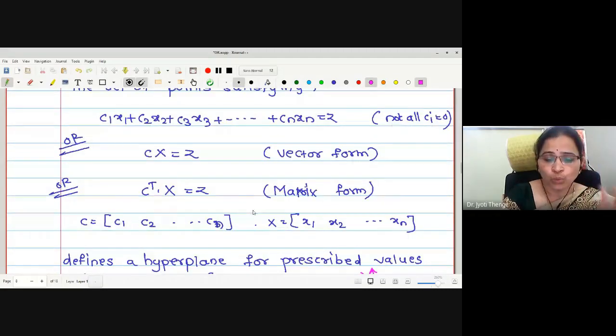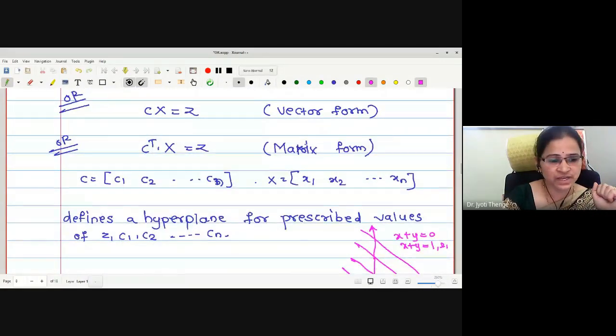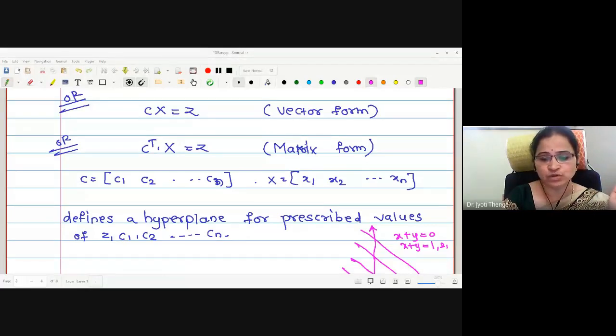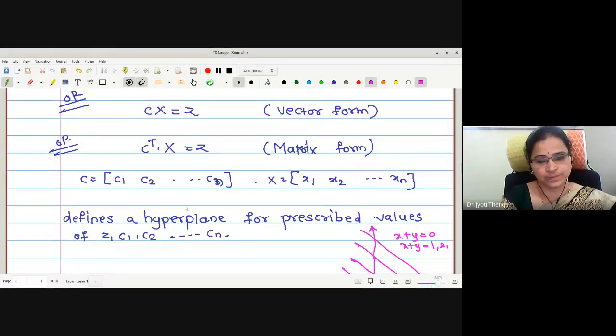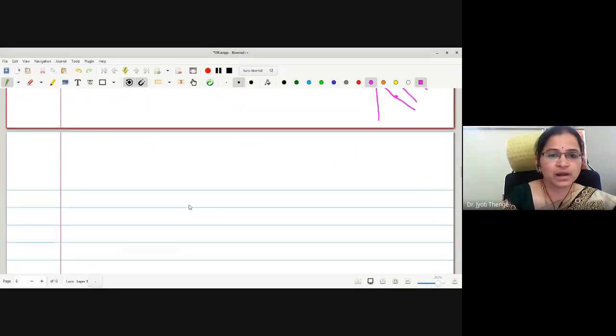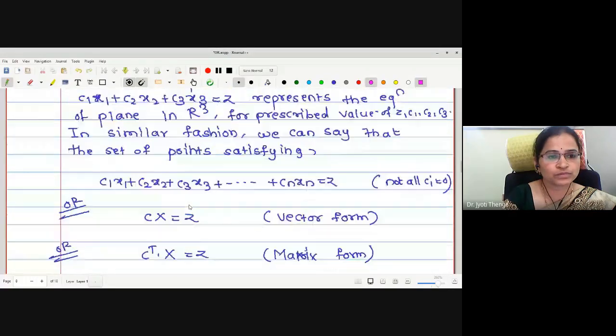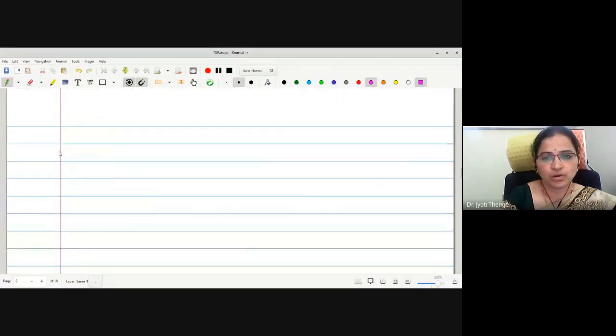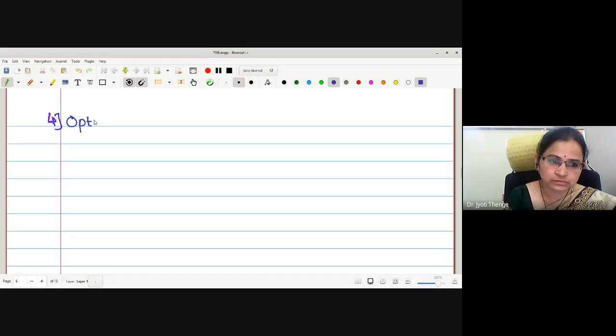Now, whenever we change the values of z, the plane or the hyperplane obtained for the optimum value of z is called an optimal hyperplane.